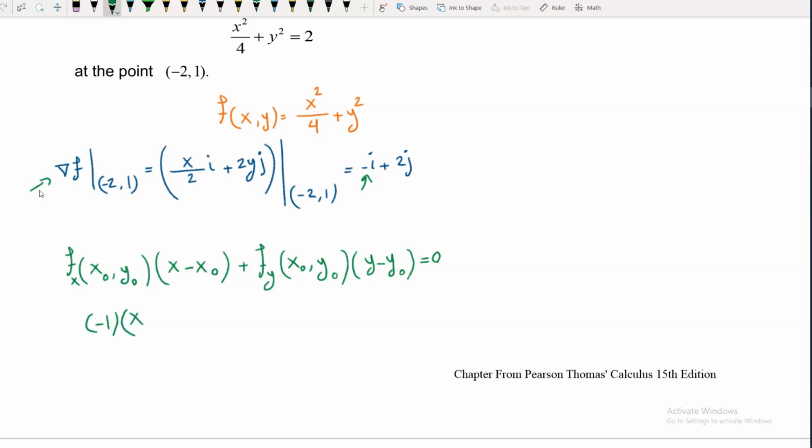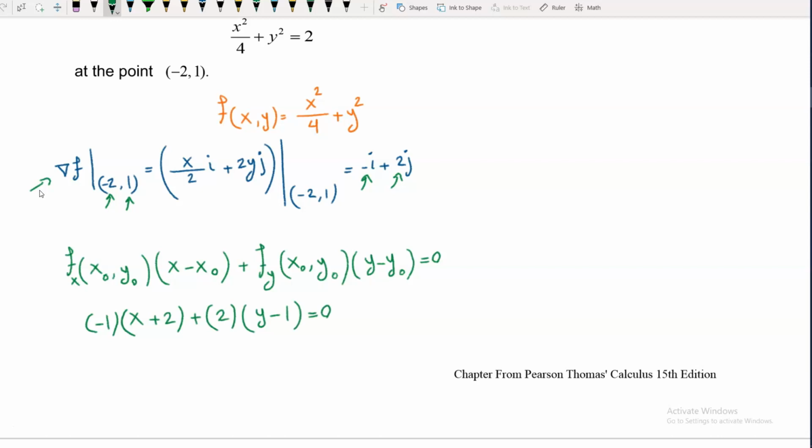So we have x and x naught is negative 2, so it is minus negative 2, that is positive 2, plus, then for the partial derivative of f with respect to y, it is 2 times y minus y naught, which is 1, and this is equal to 0.